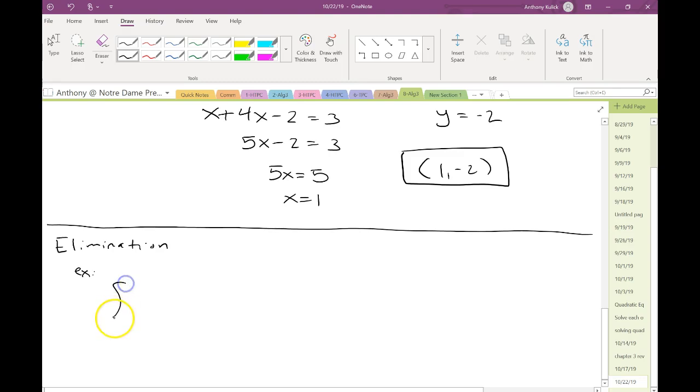We'll start with this same problem that we've solved 2 times already in different ways.